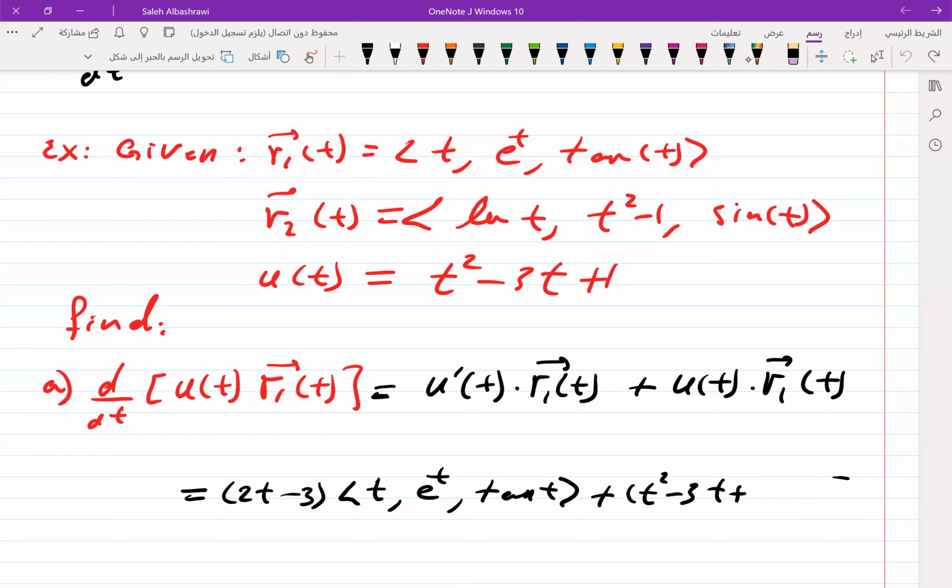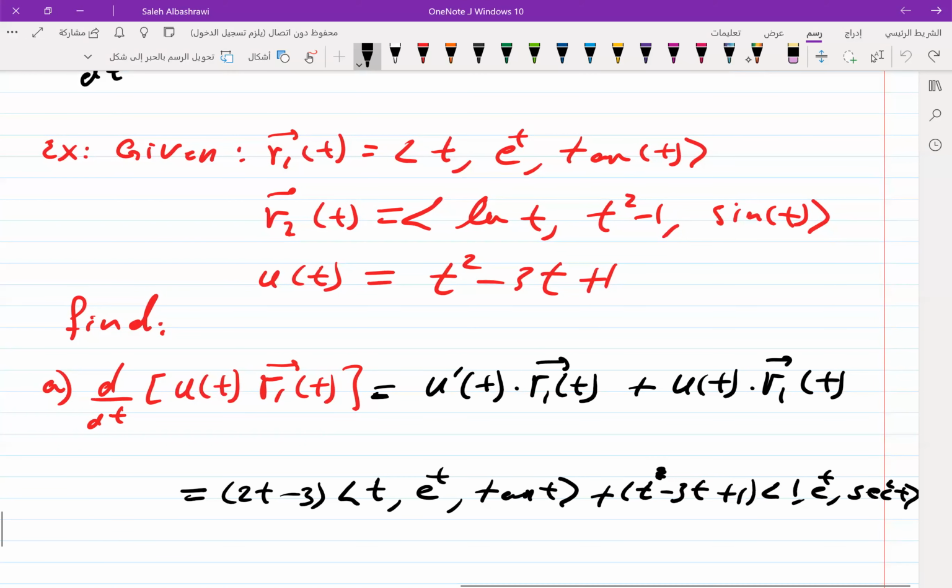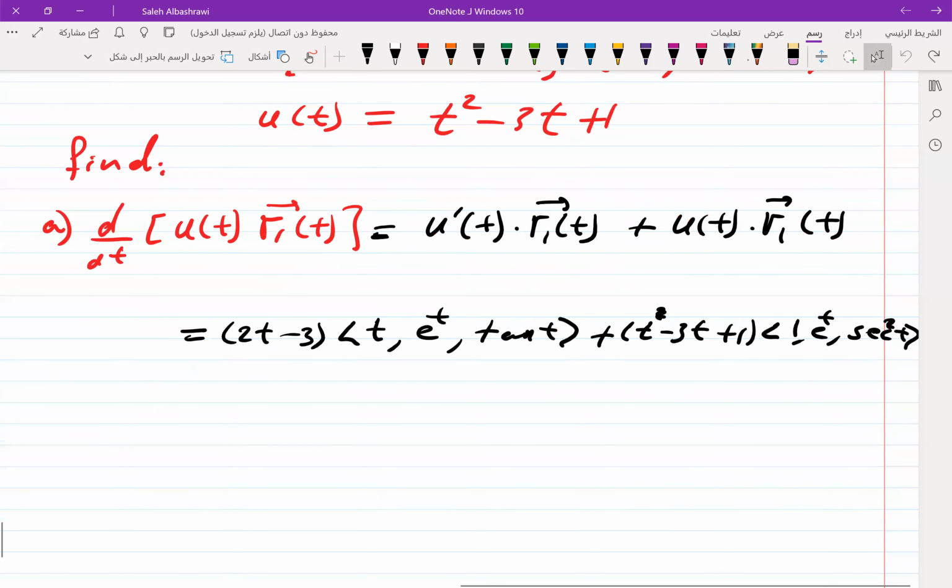Now we have space, I'll write it down, make it smaller. t square minus 3t plus 1 multiplied by the derivative, which is 1, e to power t, and secant square. So this is the derivative of this one: a scalar function multiplied by a vector valued function.